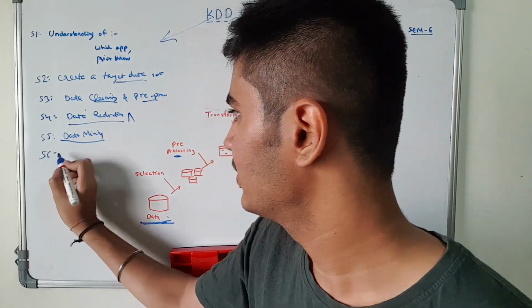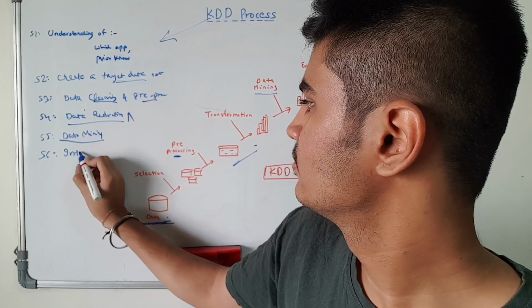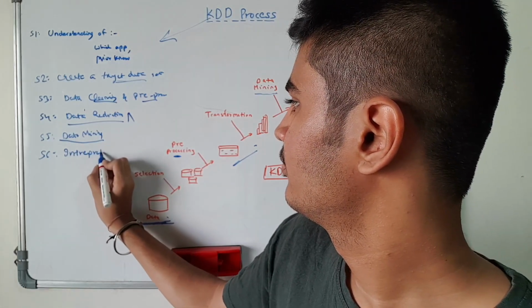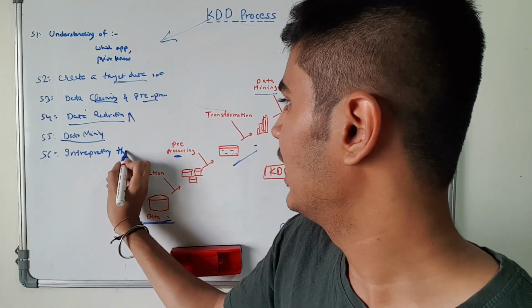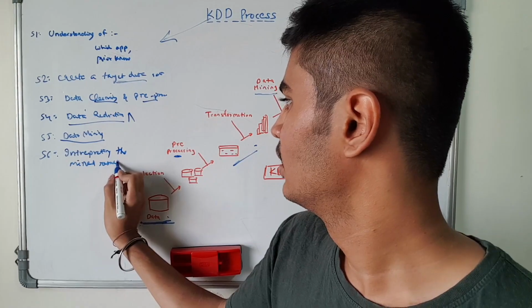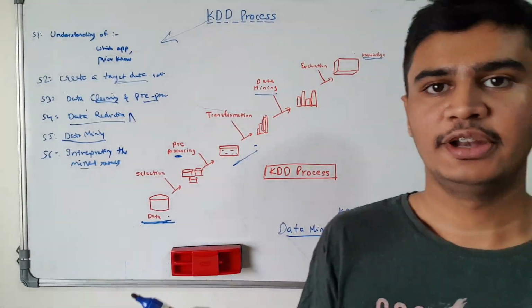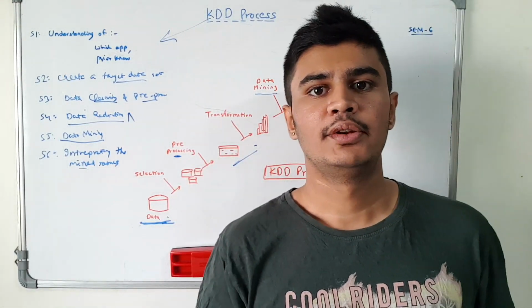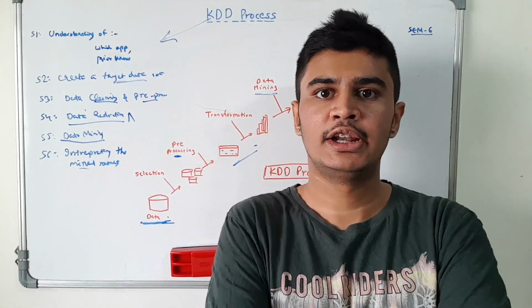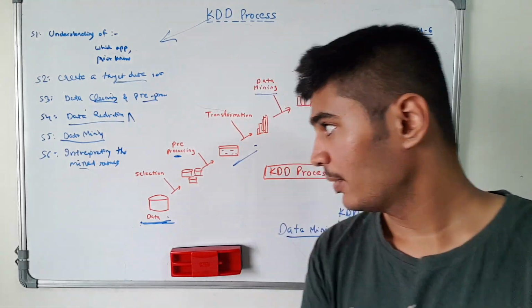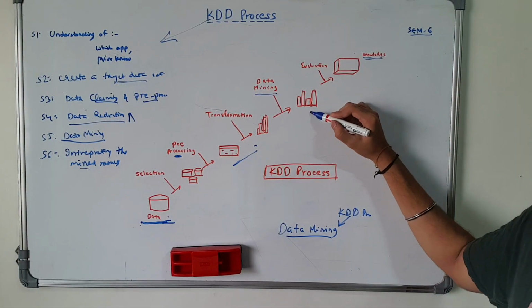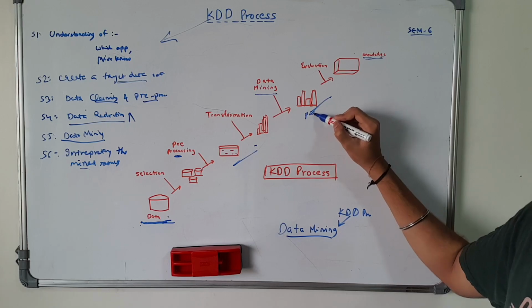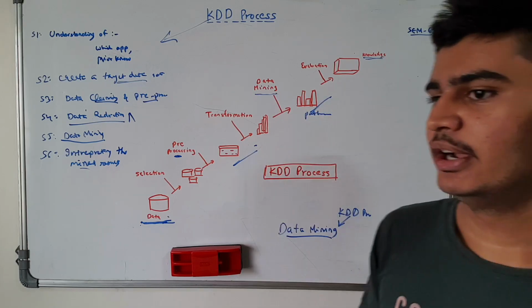Now the next step is interpreting the mined results. The data mining will just apply the algorithm on the data and it will give us the target data that we want. These are just the patterns which the data mining will return, depending upon the algorithm.